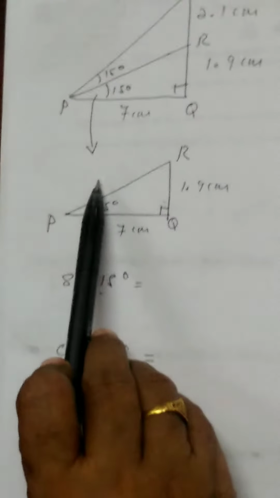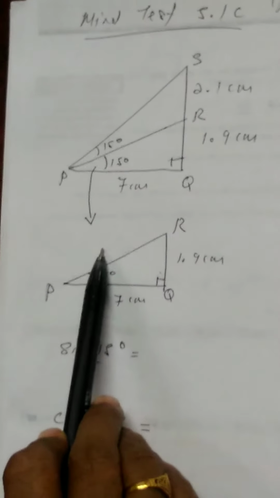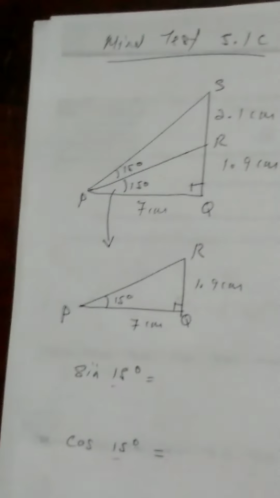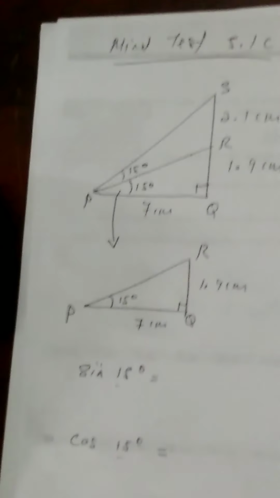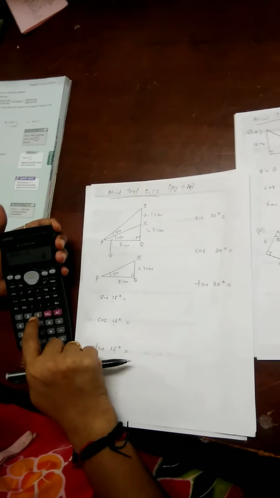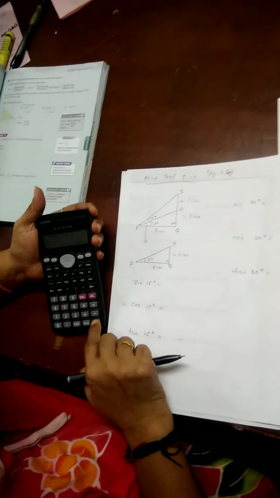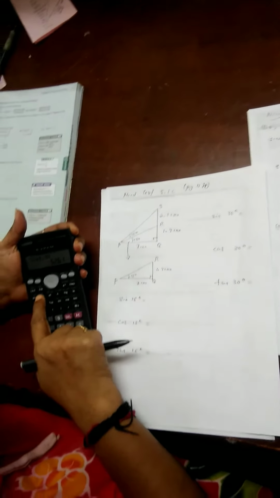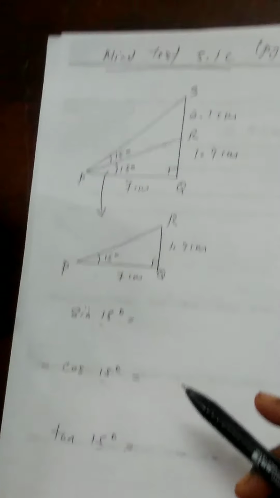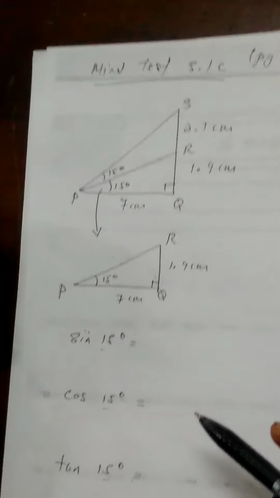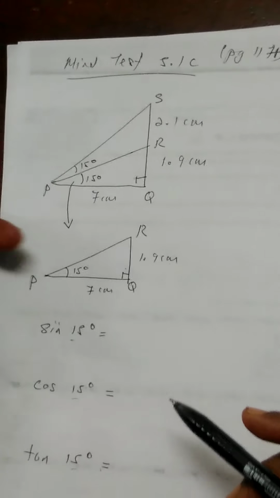So meaning, to get this side, what we need to do is we calculate, okay, so we'll get about 7.253.